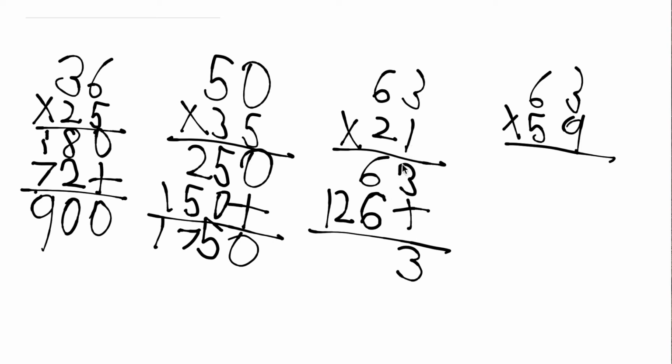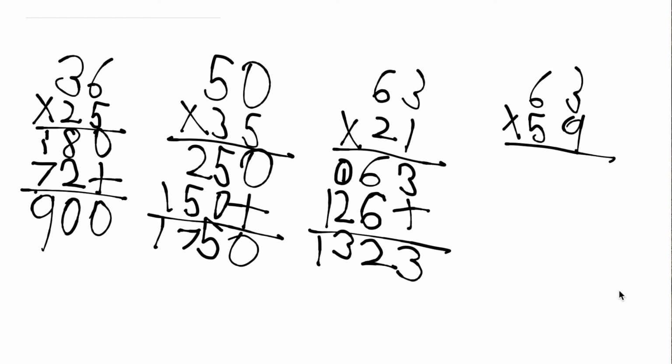And then 6 plus 6 is 12. So we put 2 right here and 1 on top of here. So 1 plus 2 is 3. So we put 3 here. And 1, there's nothing to add with 1. So we can just put 1. And the answer is 1,323.